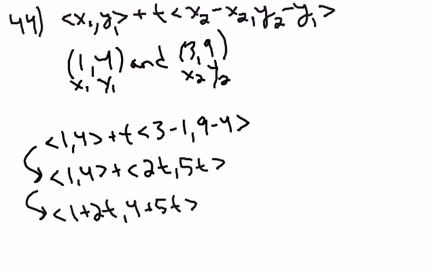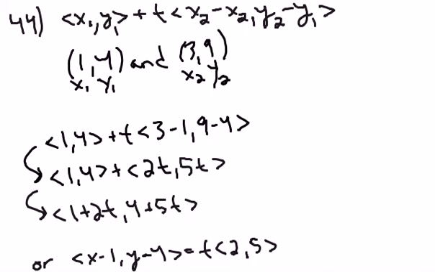I did want to make a note about the answer key for number 44. They also have a third way to write it, where it says (x minus 1, y minus 4) equals t times (2, 5). What they're doing is just rearranging it.